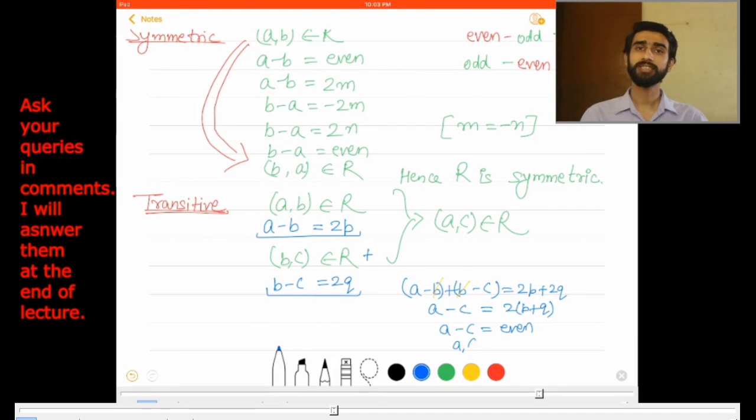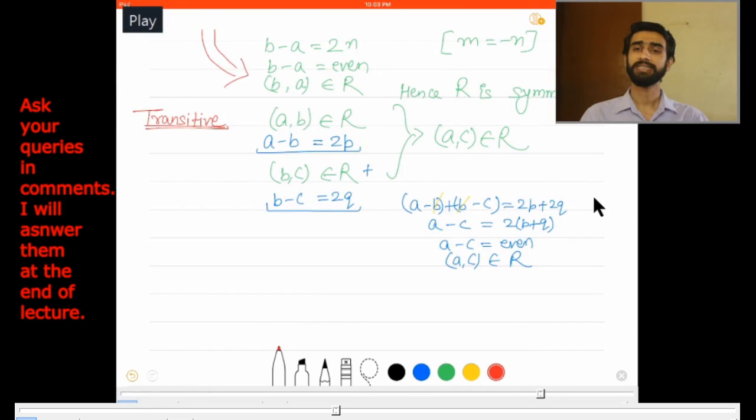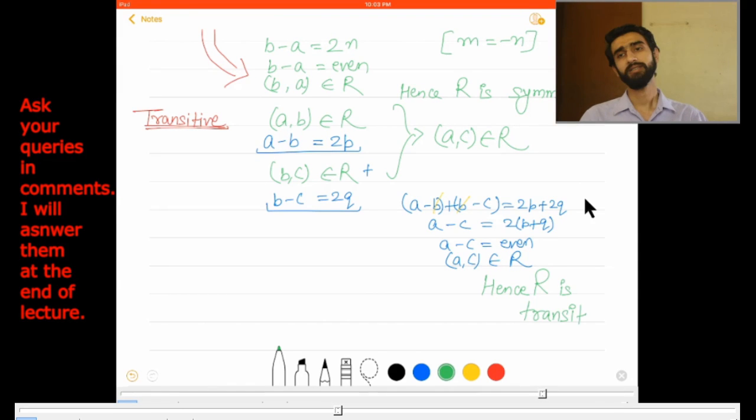Why? Because it is again a form of multiple of 2. 2 multiplied by p plus q means it is an even number. So a minus c is an even number. Hence a comma c belongs to R. This is satisfying the condition. Hence R is transitive relation.